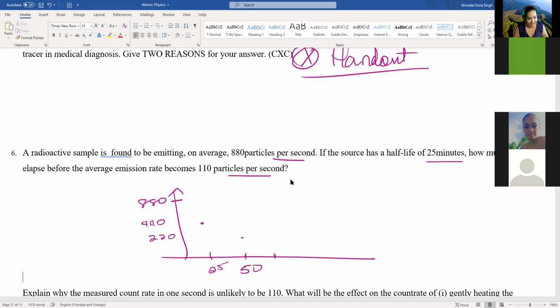After another 25 minutes, which is 75, it will reach half of 220, which is 110. So how much time will elapse before it reaches 110 particles per second? 25, 50, 75. So the answer here, it will take 75 minutes to reach an activity of 110. Everybody okay with that?